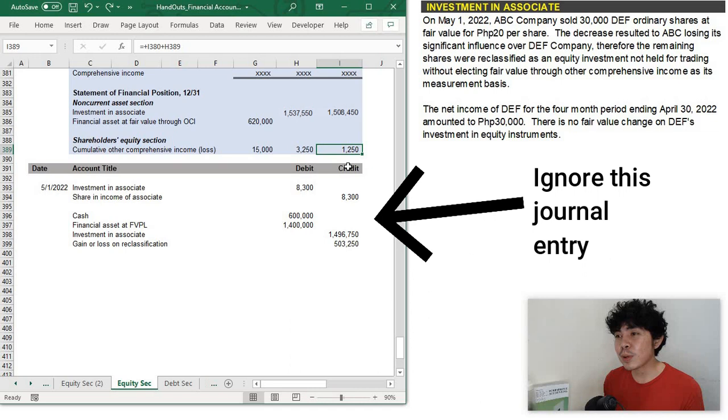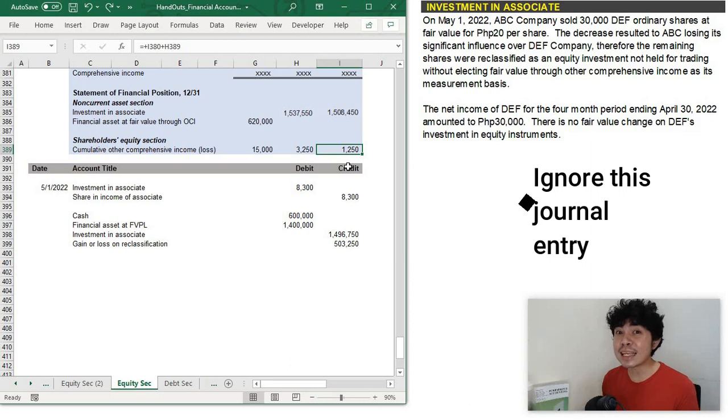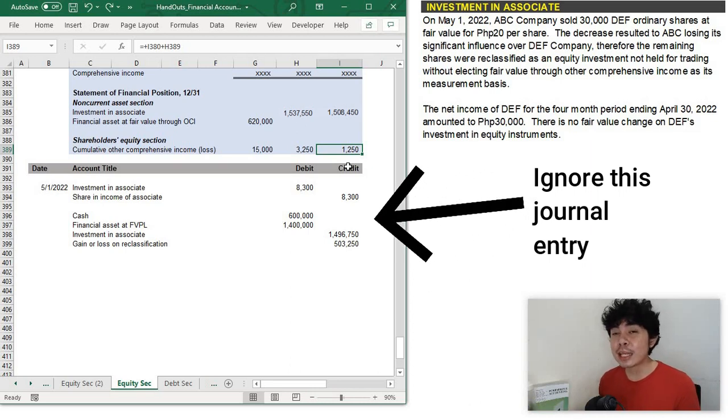Kasi nga, hindi na tayo mag-equity method. Diba ang equity method, ginagaya natin kung ano yung ginagawa ni associate. Since hindi na tayo mag-equity method, hindi na natin siya gagayahin. So, wala nang dahilan para i-retain pa natin yung OCI na yan. Kasi kaya nga tayo nagkaroon ng OCI na yan dahil ginagaya natin siya. So, dahil hindi na natin siya gagayahin, tatanggalin na natin siya.